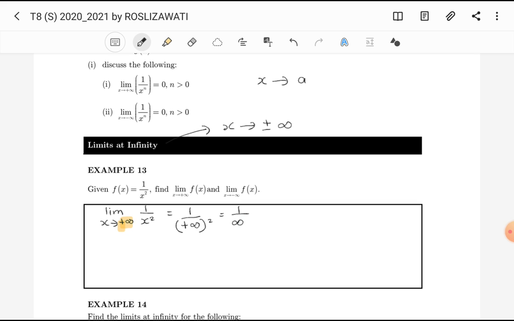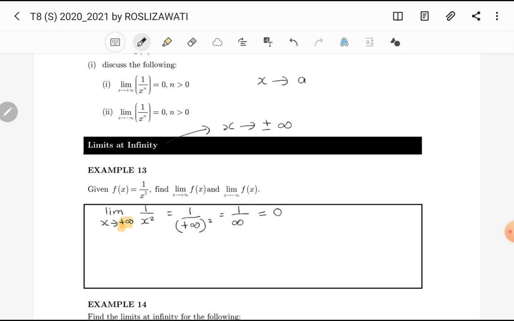Infinity tu adalah simbol untuk nombor yang sangat-sangat besar. So, kalau kita ada nombor yang sangat besar tu, kita kuasa 2, dia pun jadi masih nombor yang sangat besar lah. So, masih infinity. And then, 1 over infinity will be 0.